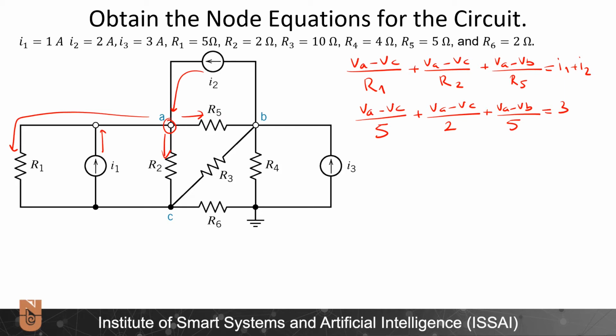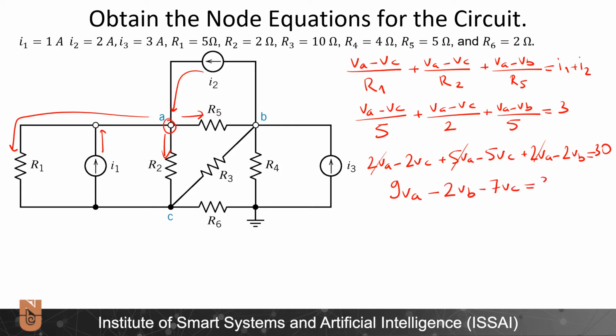So let's continue. 2VA minus 2VC plus 5VA minus 5VC plus 2VA minus 2VB is equal to 30. Now let's calculate 2, 5, and 2, which is 9VA minus 2VB minus 7VC is equal to 30. This is our first equation.